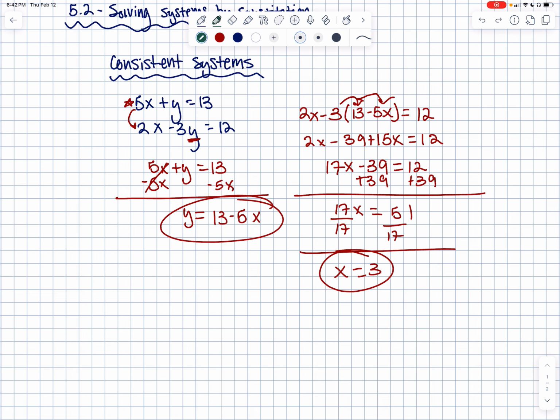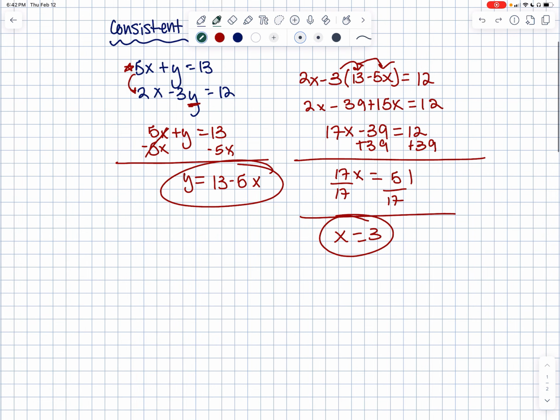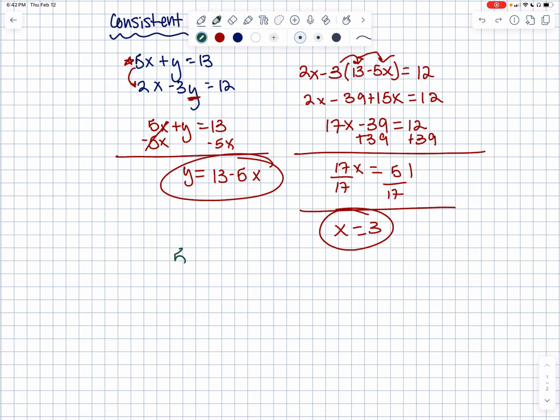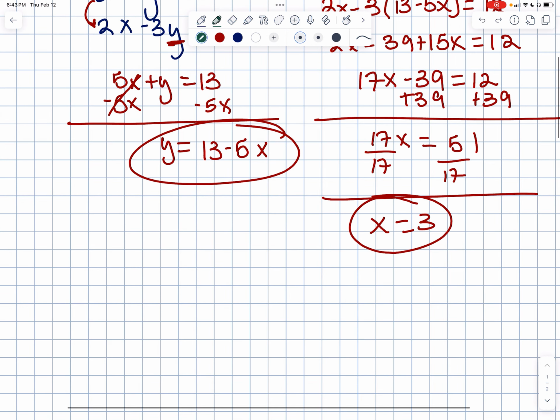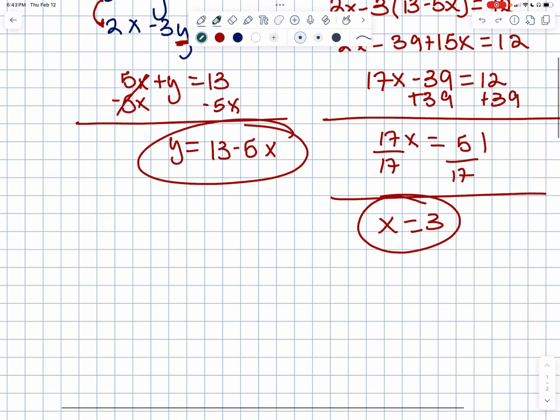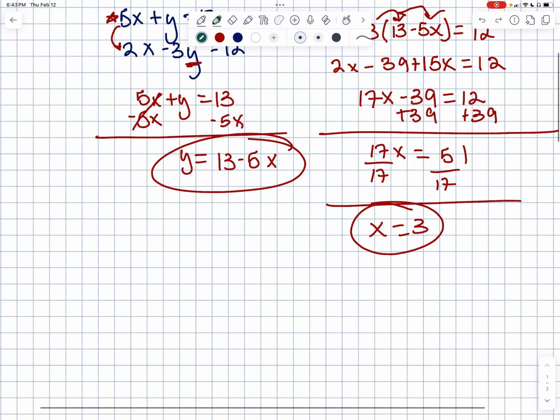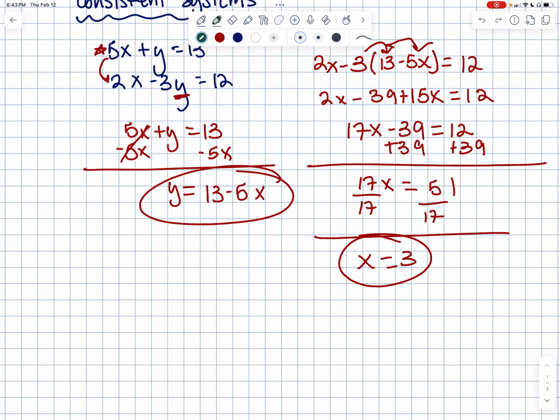So then let's go ahead and solve for 5x plus y. Sorry, I can't see the thing, that's why. Let's go ahead, do it right here. 5x plus y equals 13.